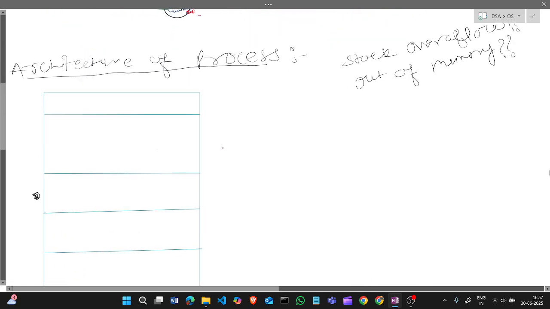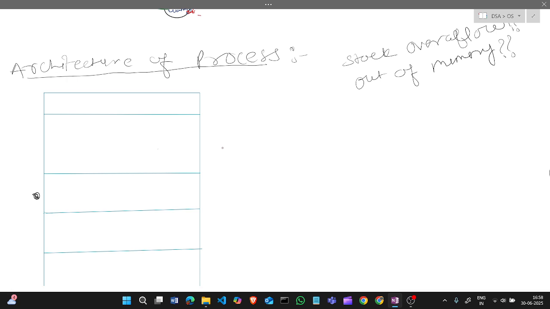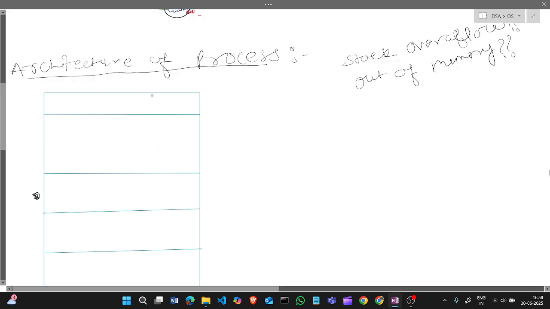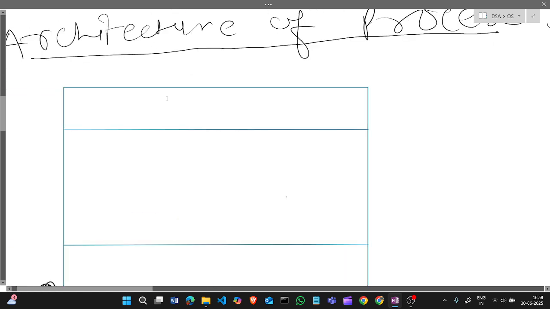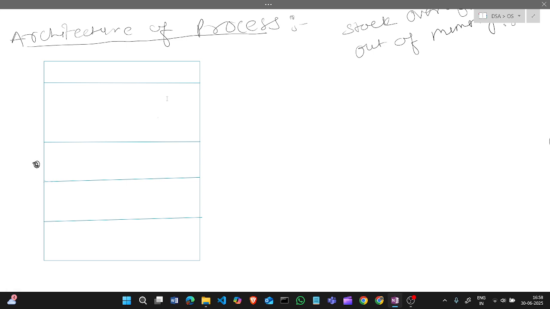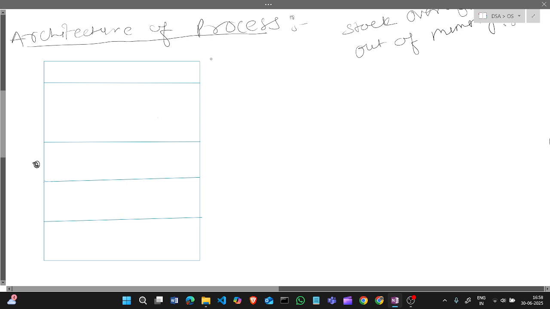And now see the architecture of a process. This is important. So what is the architecture of a process? Let's see. See this, this is the process diagram.